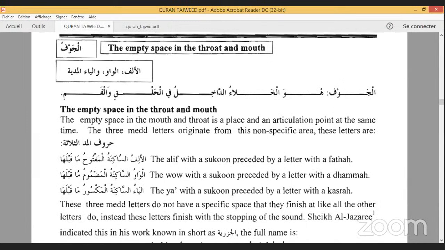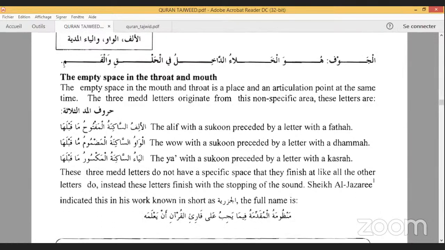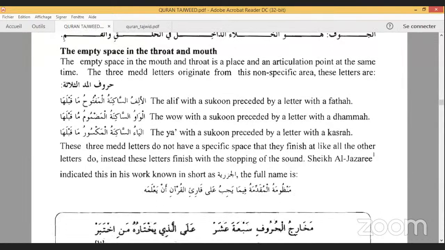Now we are going to take the letters. So the empty space in the throat and mouth. The throat is a place and an articulation point at the same time.